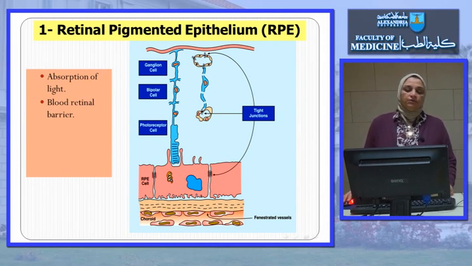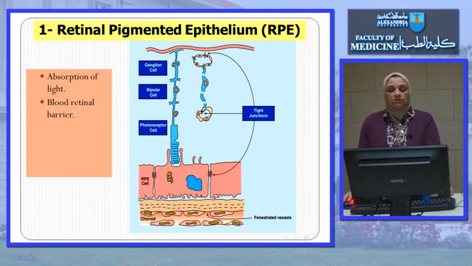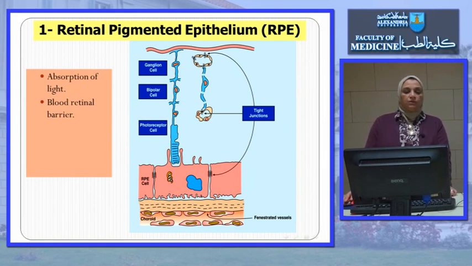There are some blood vessels where the endothelial cells of these capillaries are held together with tight junctions. So the tight junctions between the capillary endothelium and between the retinal pigmented epithelial cells constitute the blood retinal barrier to protect the retina.